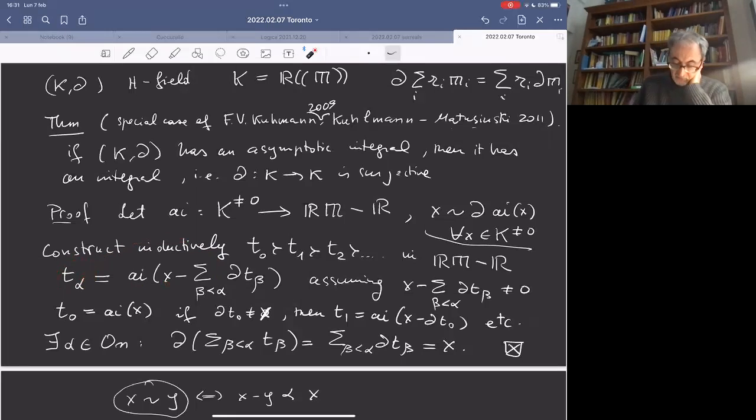So in some sense, this sum, without the derivatives, serves as an approximate integral. You get better and better approximations of the integral.